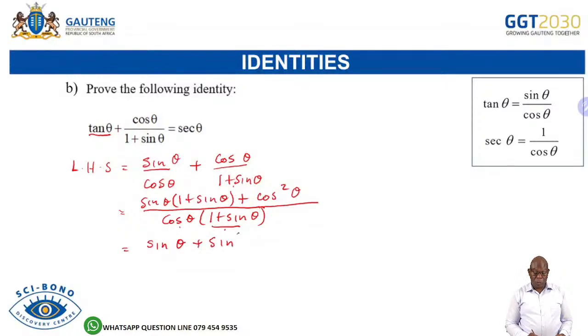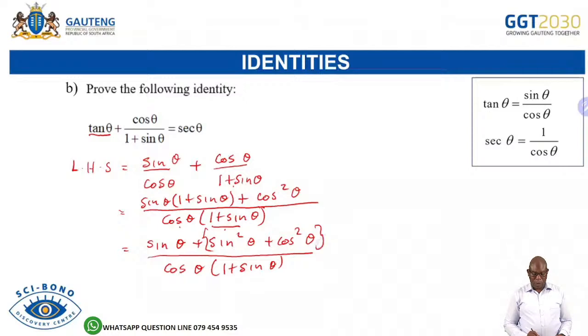I'll have sine squared of theta plus cos squared of theta divided by, don't multiply out the whole thing in here, right? And then what do I see here? I'll see a famous 1, you see? So I'll have 1 plus sine of theta all over cos of theta into 1 plus sine theta.